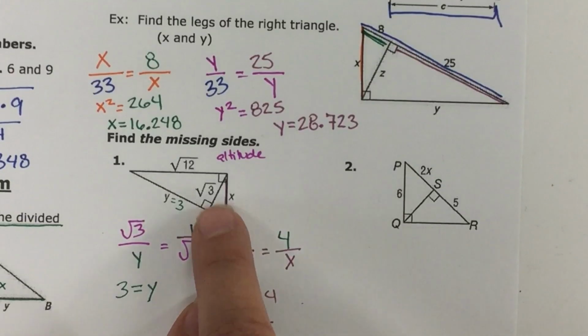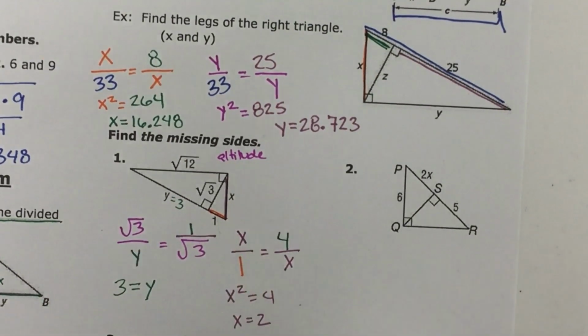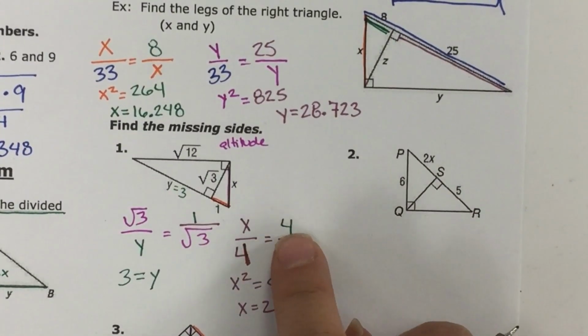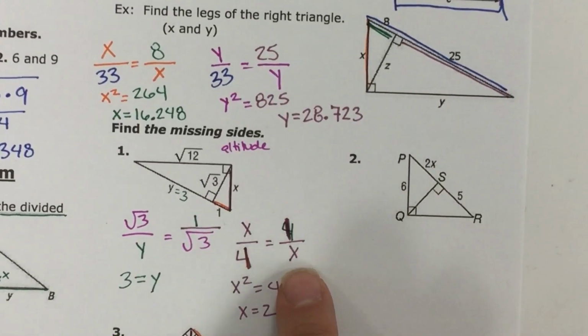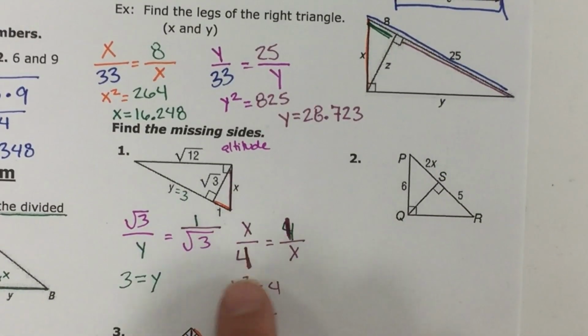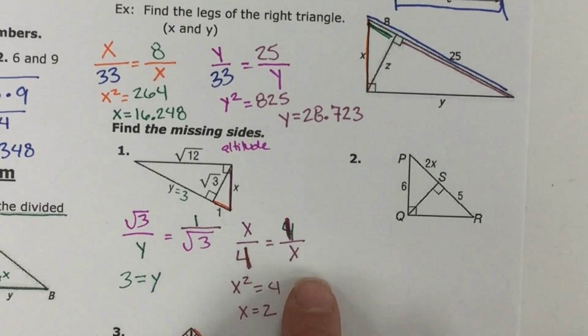So my leg is unknown, it's my x, over my whole hypotenuse, which is 4, is equal to my part that's adjacent, which is 1, over the part that I'm looking for, which is x. So we can see nothing's going to change, even though I switch numbers, because x times x is still x squared. 4 times 1 is still 4. Take the square root, and you get x has a value of 2.